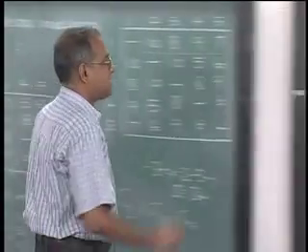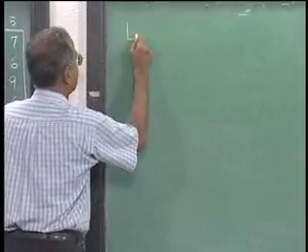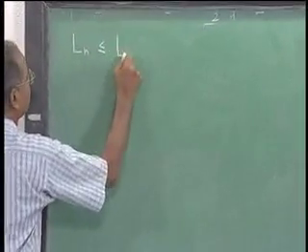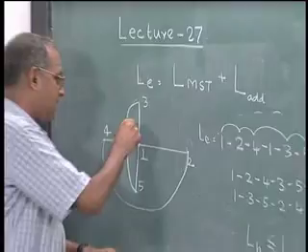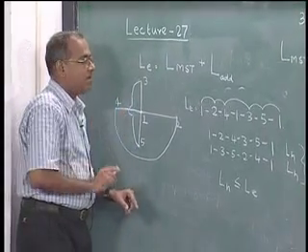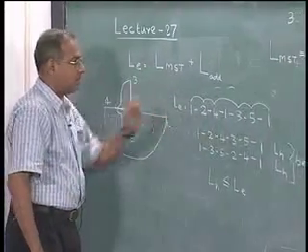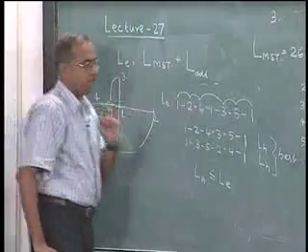So we write the first result, that LH is less than or equal to LE. Now, what is this LE? This LE is nothing but the length of the minimum spanning tree plus the length of the matching that we have added on to this. So LH is less than or equal to LE.